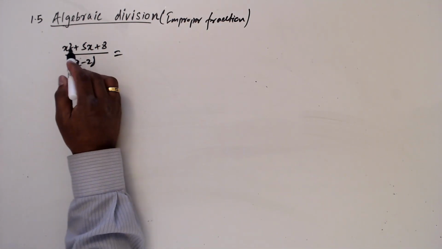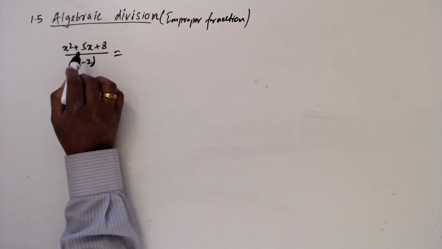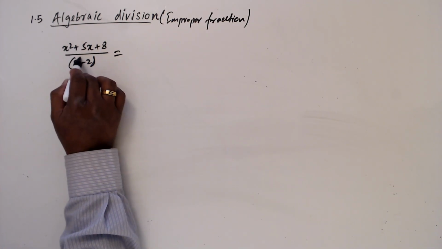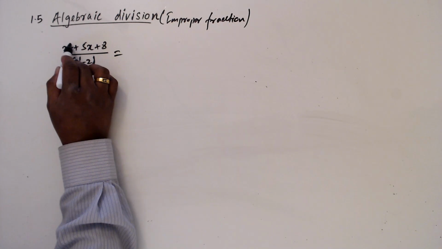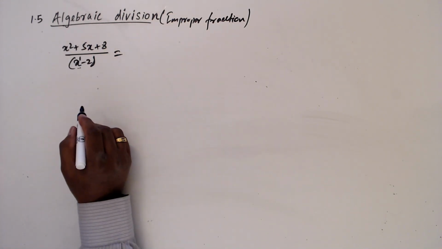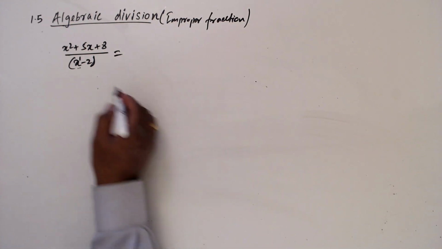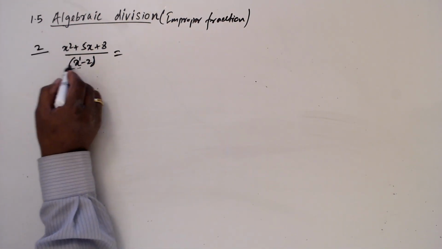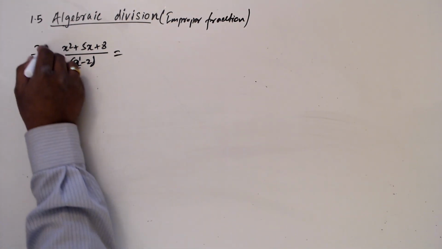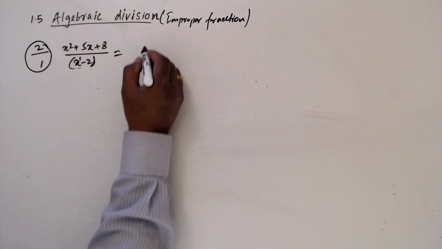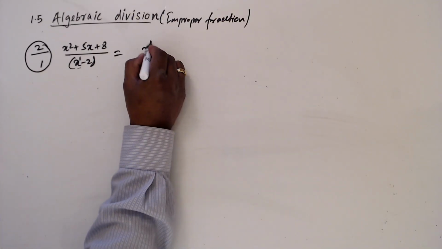First of all, we'll find the difference. So the degree is 1 here and the degree is 2 here. So what is the difference? 1. So this degree is 2. This is the degree, highest power is 1. The difference is 1. So x to the power 1 is the difference.